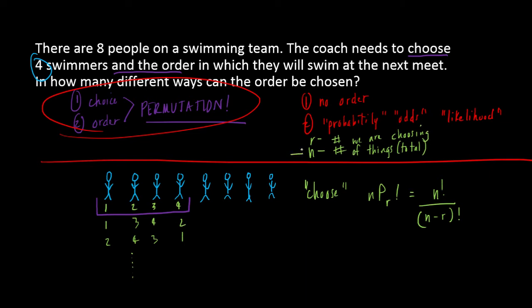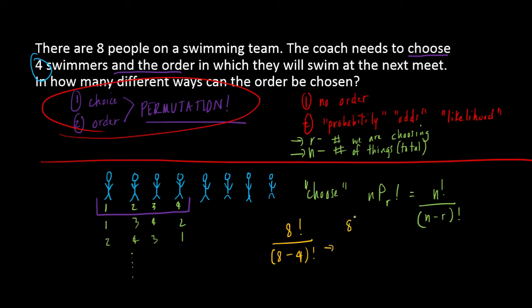So we're picking from n and selecting r many. I have 8 swimmers, so 8 is n because that's my total, and I'm choosing 4 of them. So I get 8 factorial over 8 minus 4 factorial.